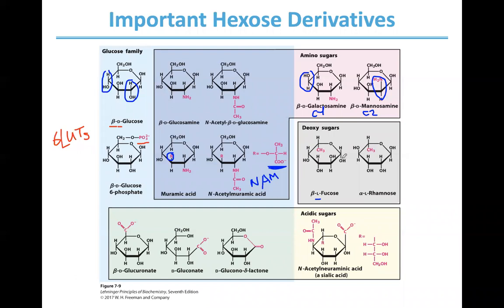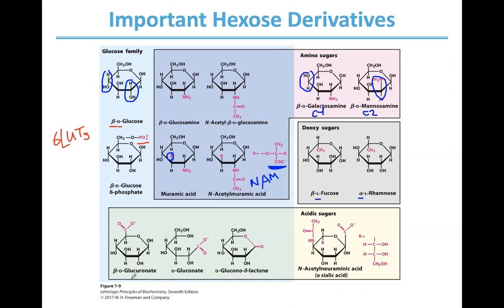This one is beta because OH and the CH3 are on the same side. Now, if the CH3 and OH are on opposite sides, it's an alpha anomer, right? Alpha anomer, beta anomer.